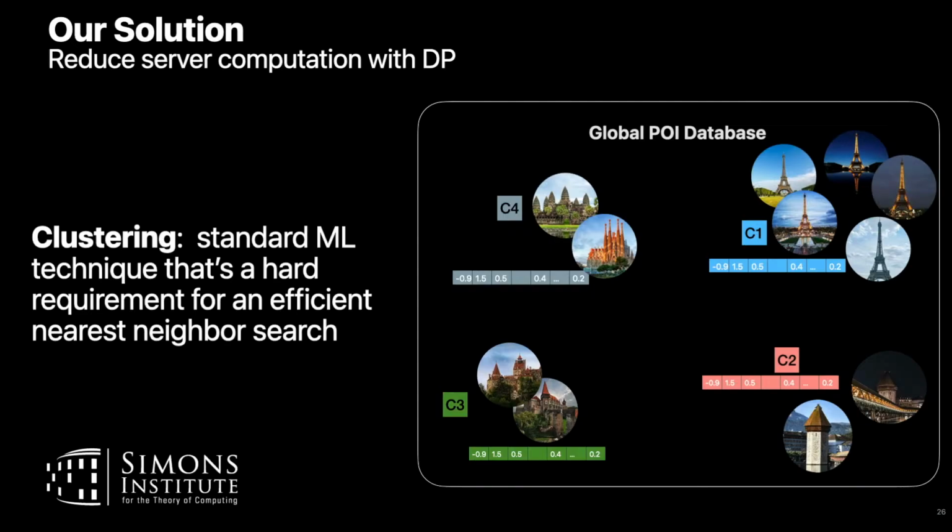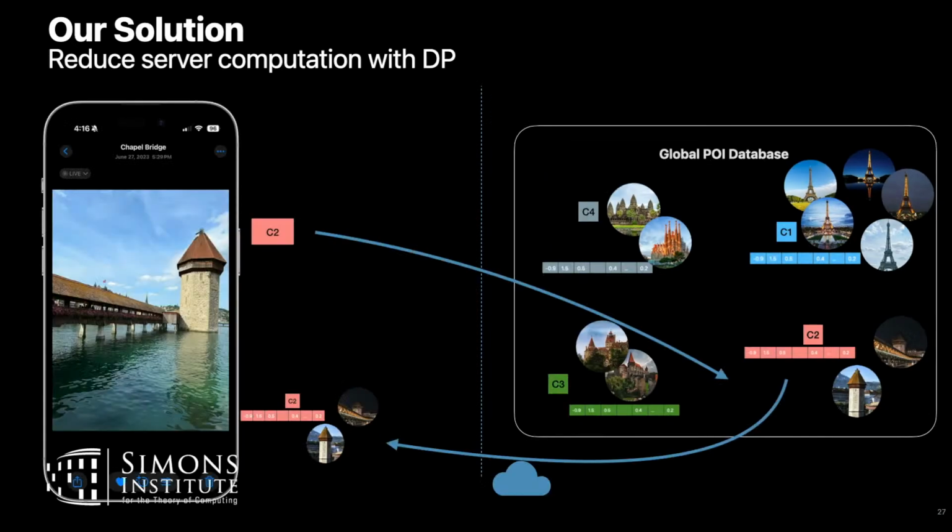So that's a pretty good trade-off to make. OK, so we ship this codebook down to the device. And then at the time of query, the client finds the nearest cluster using these centroids that are on device and then sends that to the server. So the server responds by sending embeddings and the metadata, GPS signals or whatever for the entry back to the client. So we know that now we've reduced the server compute, right?